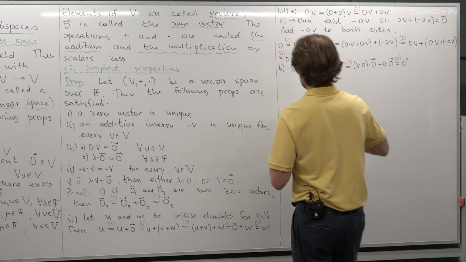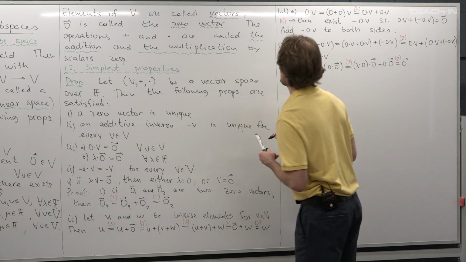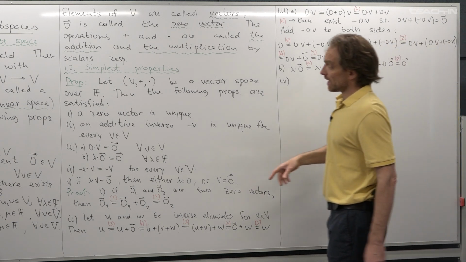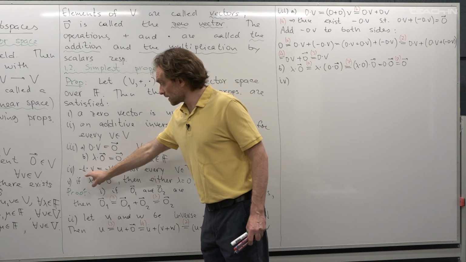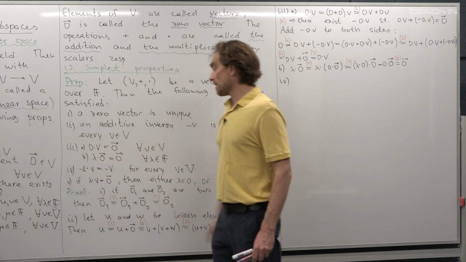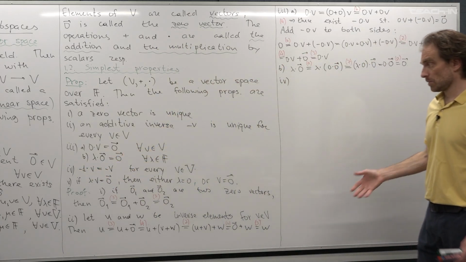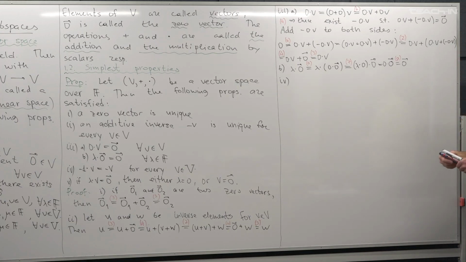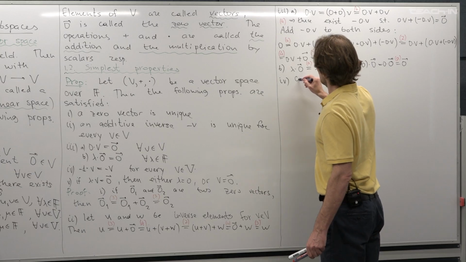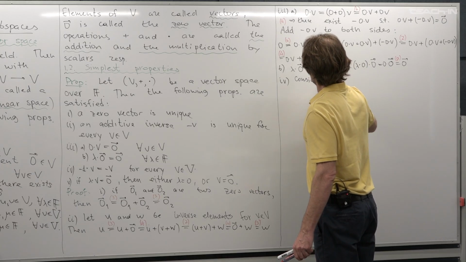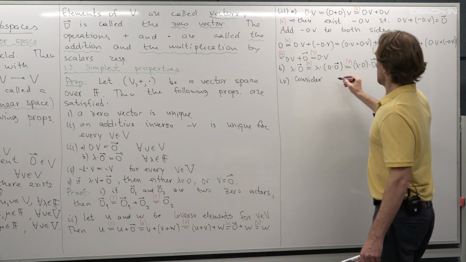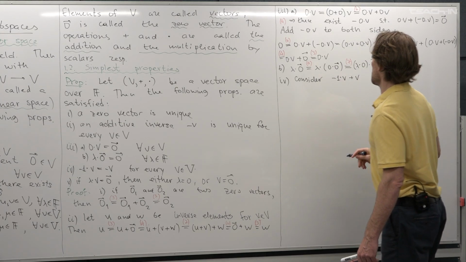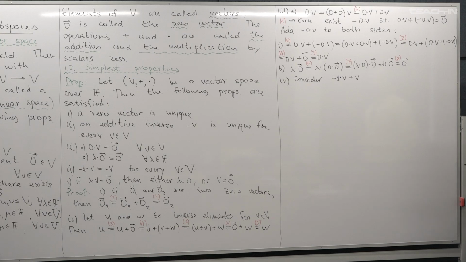Then the fourth property. So we need to show that the vector minus 1 multiplied by v is the additive inverse to v. We know that it is unique, that's why it is enough to show that their sum is the 0 vector. So consider minus 1 multiplied by v plus v. And we need to show that this is the 0 vector.